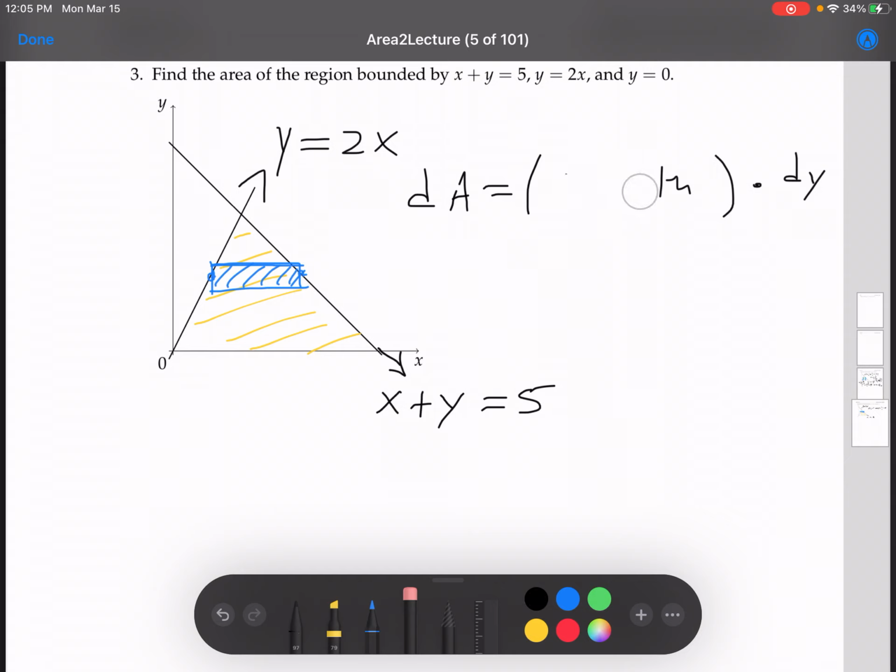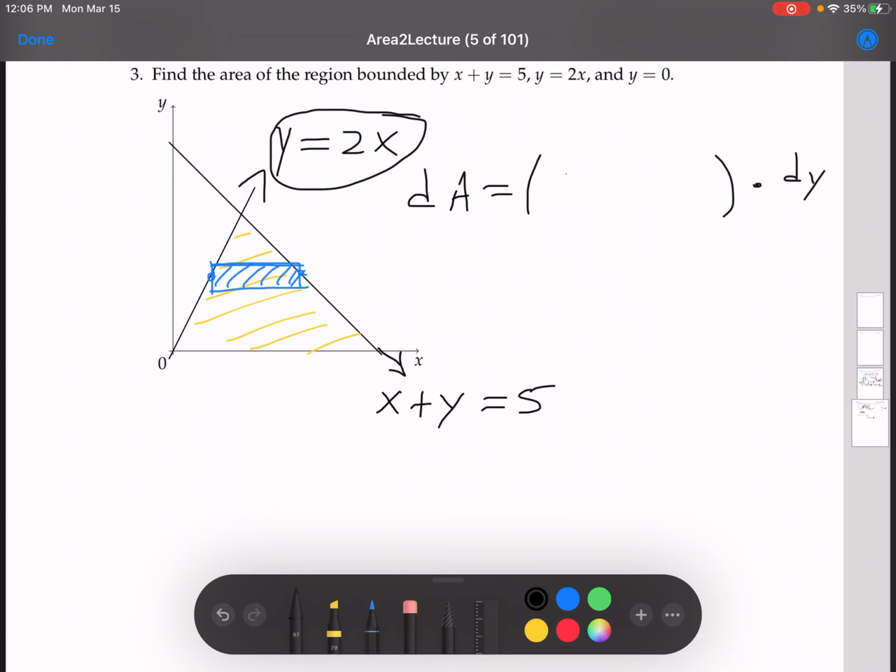Now for our length. Remember, we need these two lines written as functions of y, not as functions of x. This is written as a function of x. You put an x value in, it gives you a y value out.